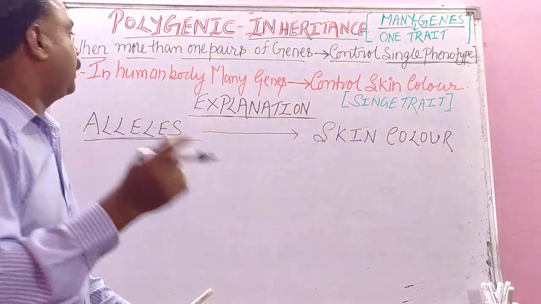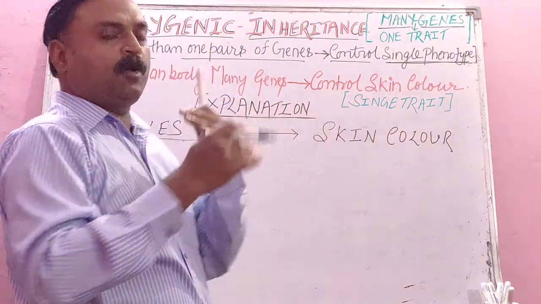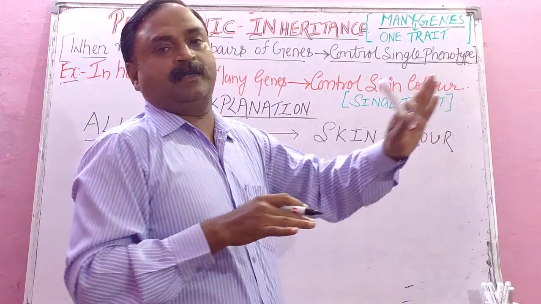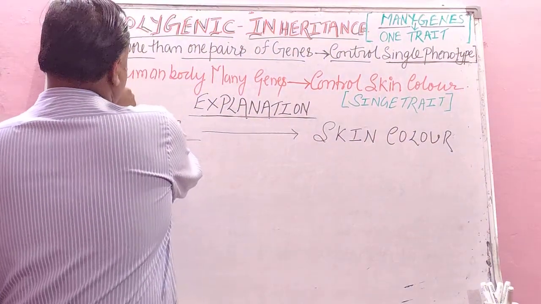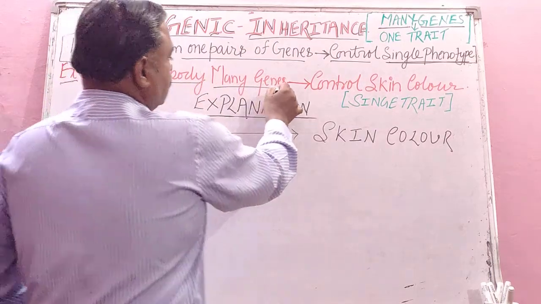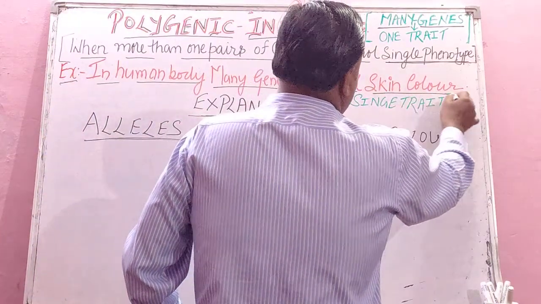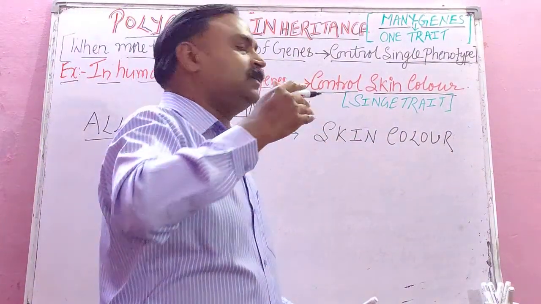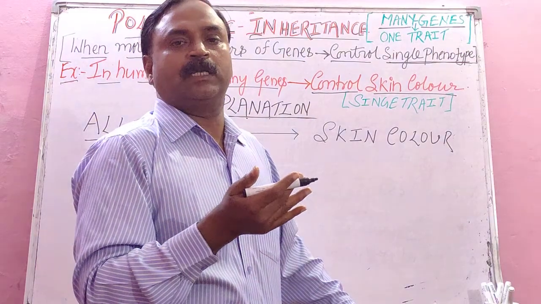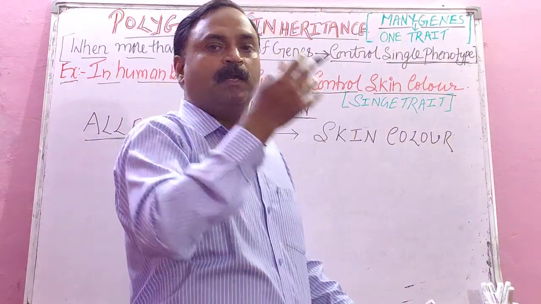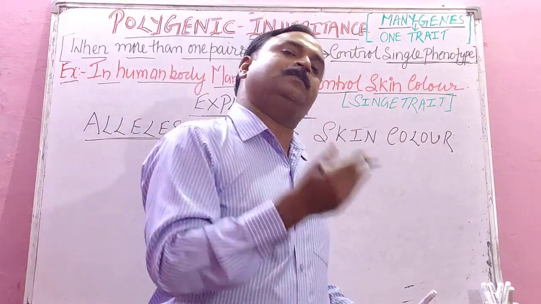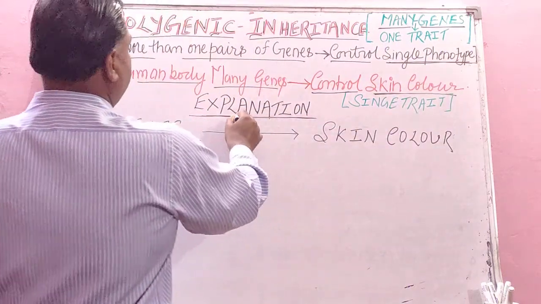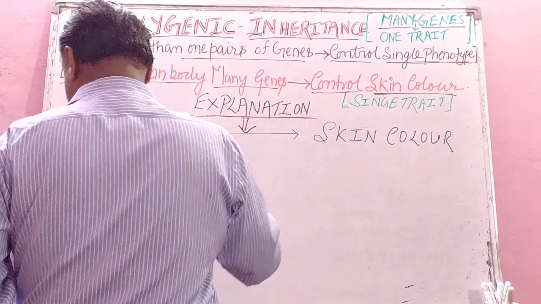For example, in the human body, many genes control one trait, that is skin color. Isn't it? Skin color is considered as one trait in humans. Like height is one trait, hair shape is one trait, eye color is one trait. Similarly, skin color is one trait, and we can study it in detail in this explanation.